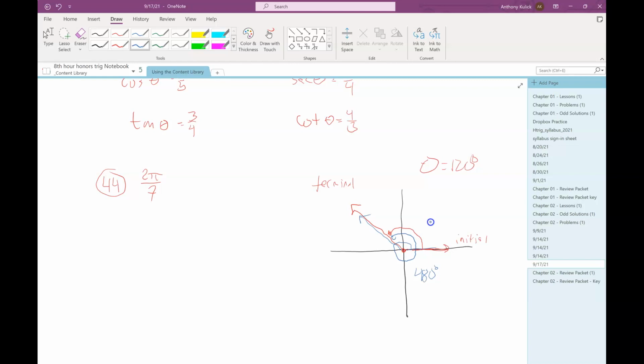Now, I notice that in 44, this angle that we're given is in radians. So instead of adding 360 degrees, I'm going to be adding 2 pi, because that's the radian equivalent to 360 degrees.